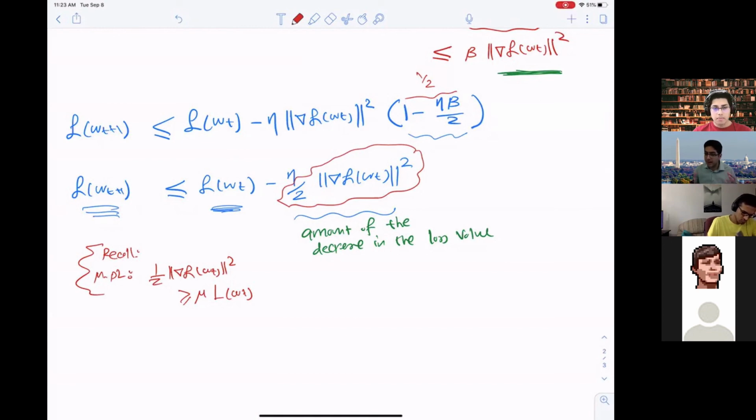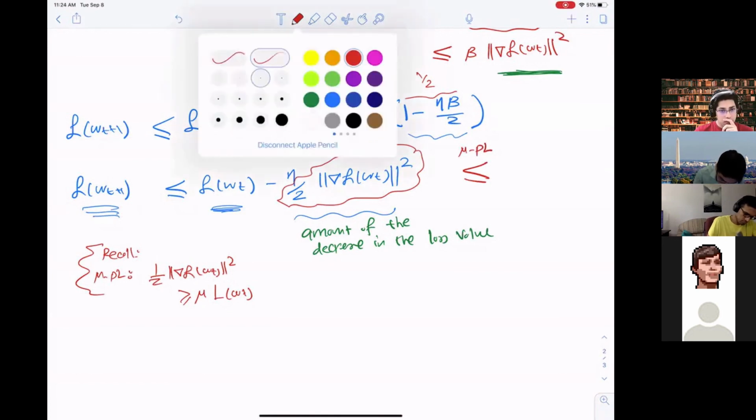And I want this value to be large because I want to decrease the value of my loss significantly at each step. So if you apply this inequality, using the mu PL, the first assumption, you can immediately see we have a bound of this sort.